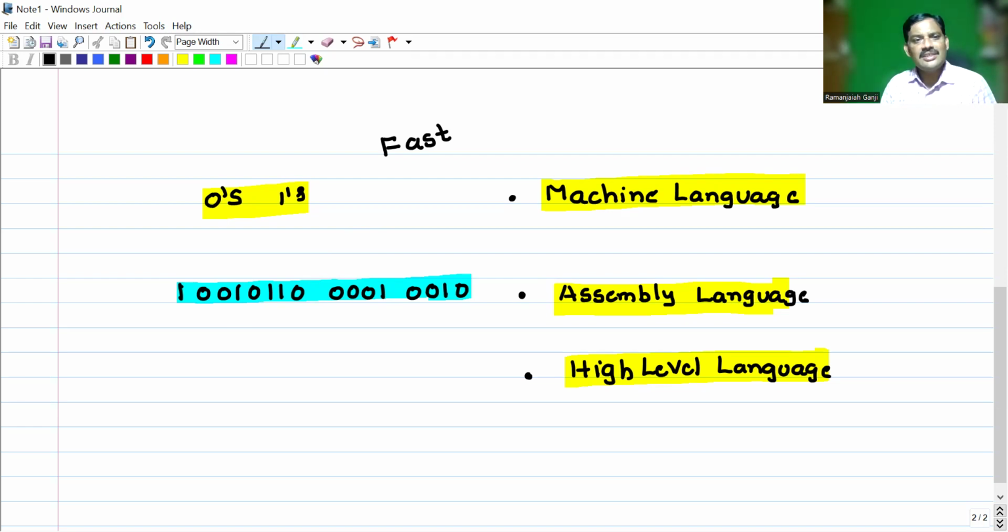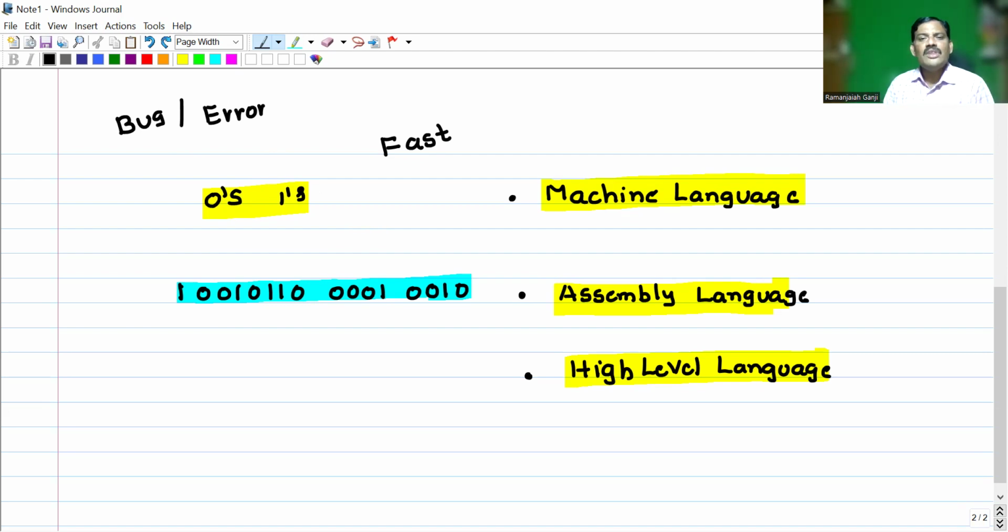No translator is needed, but there is a difficulty in understanding machine language. It is very difficult for us to read, write, execute, and debug. Remember a technical term, bug. Bug is nothing but an error or a mistake, malfunction, fault, failure, problem, anything.